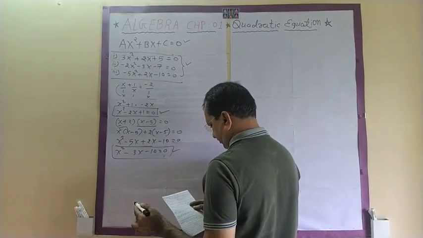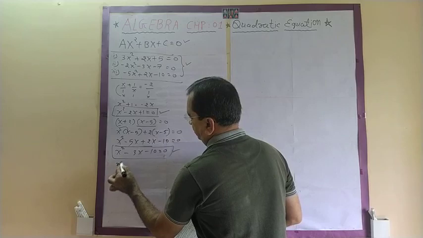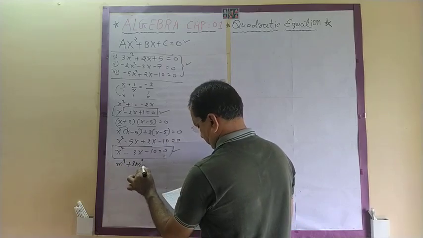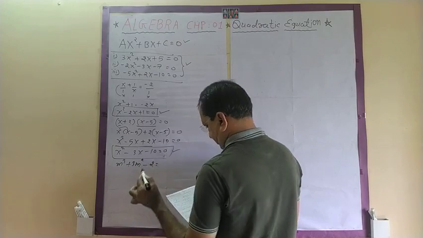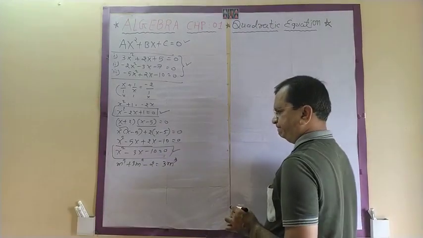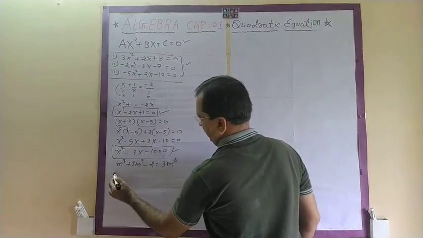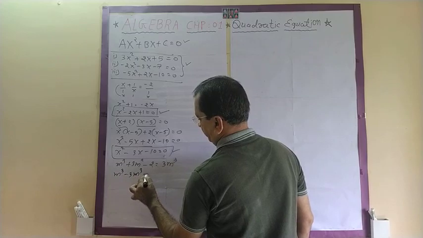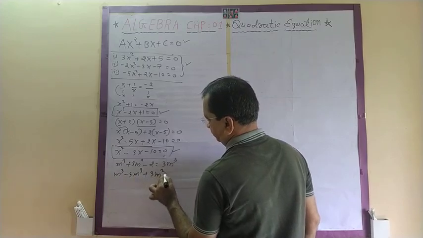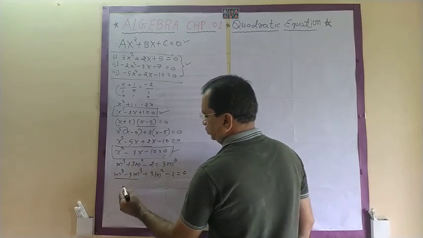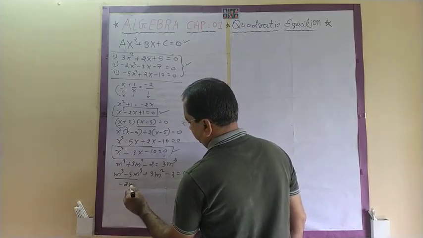Now one more is given: m cube plus 3m square minus 2 is equal to 3m cube. Now I will take this side: m cube, 1 minus 3 is equal to minus 2.